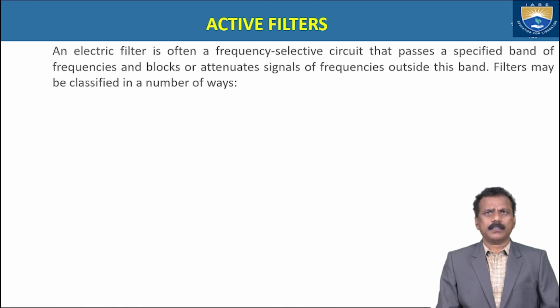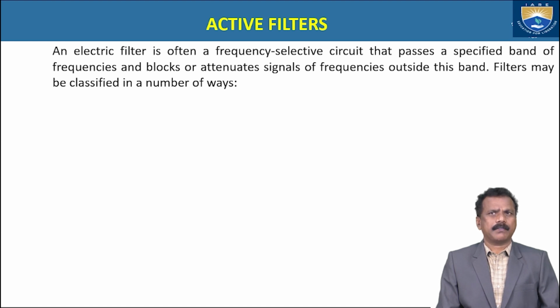An active filter, an electronic filter, is often a frequency selective circuit that passes a specified band of frequencies and blocks or attenuates signals of frequencies outside this band.